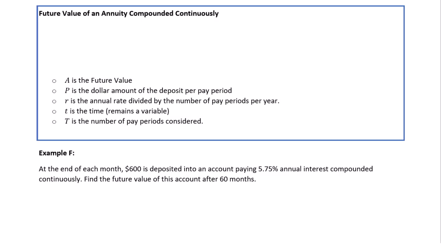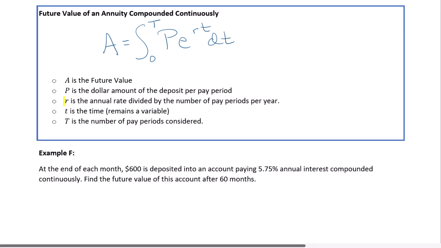Now, the future value of an annuity compounded continuously is the integral from 0 to capital T of P times e to the r little t dt. Or once again, A is our future value, P is the dollar amount of the deposit per pay period, where R is the annual rate.